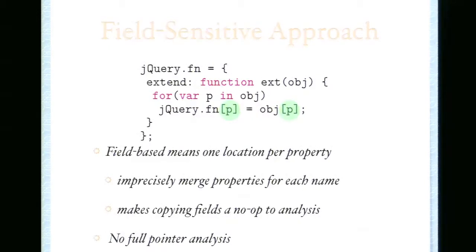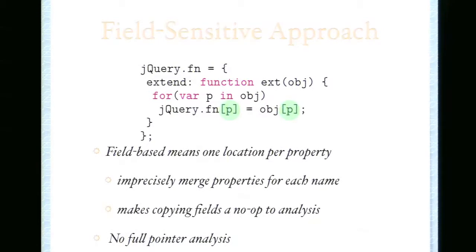Because every value of p has to be something. And I only have one points-to set in the entire program for every field with the same name. So this is going to be assigning from some abstract object's field to the same one, because one thing I know for sure is that p is the same on both sides of that assignment. I don't know what it is. But because I only have one abstract object, this is a no-op.